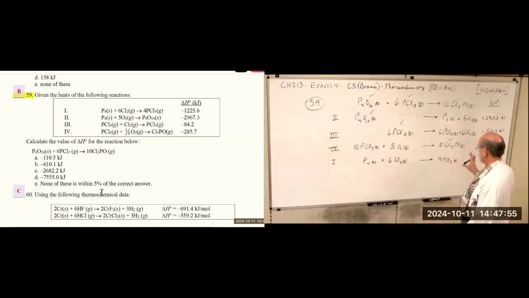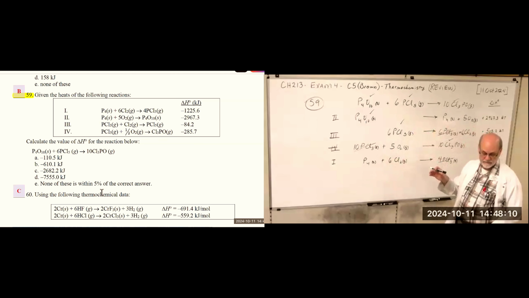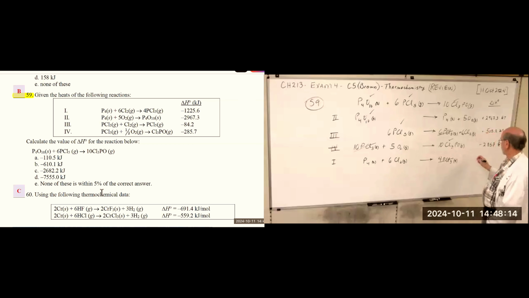Now, is that going to take care of the problem for us? Well, that gives us 4 of these, and 6 of those is 10, and there's 10 over here. Yep. That cancels that, that cancels that, that cancels that. So that tells me that we don't have to change anything. Right? Minus 1225.6.